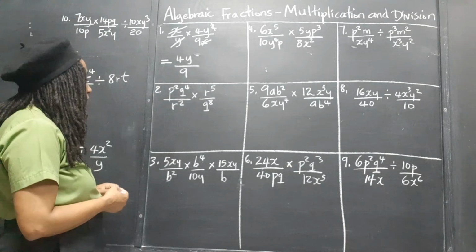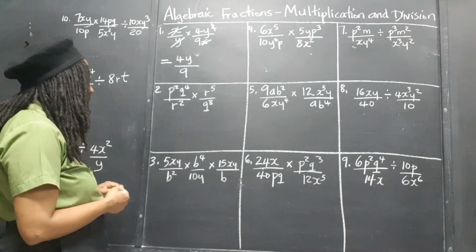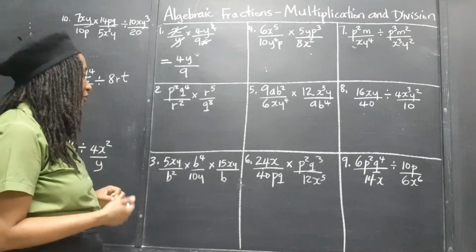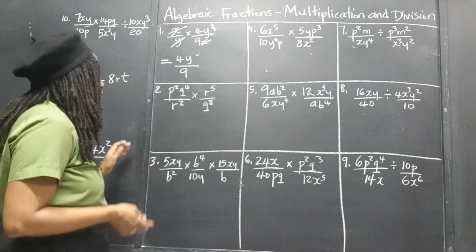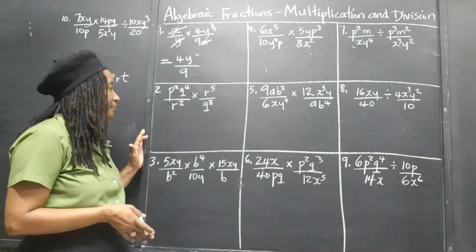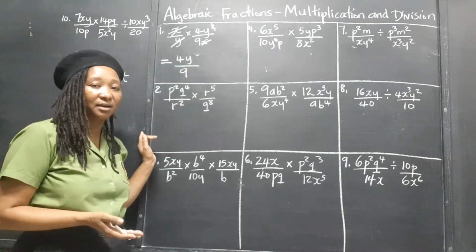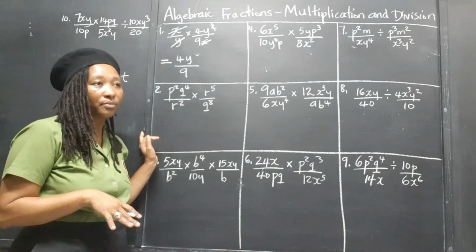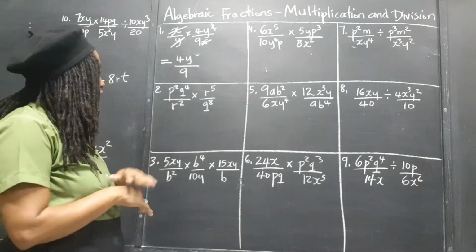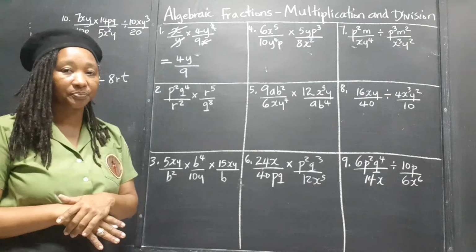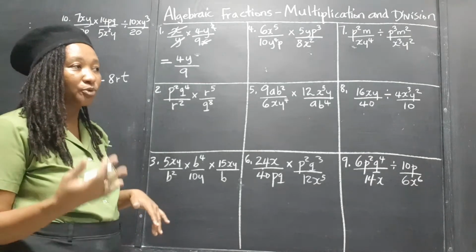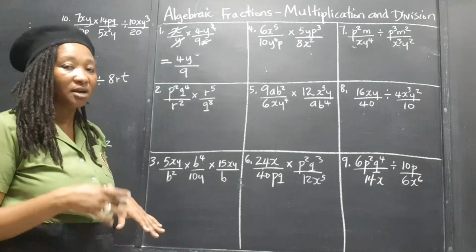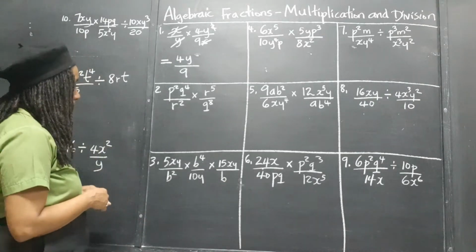So we have p squared q to the 4th power over r squared times r to the 5th over q to the 8th. Remember, when we are dividing algebraic terms that have powers, we're actually subtracting the indices once the variables are the same.